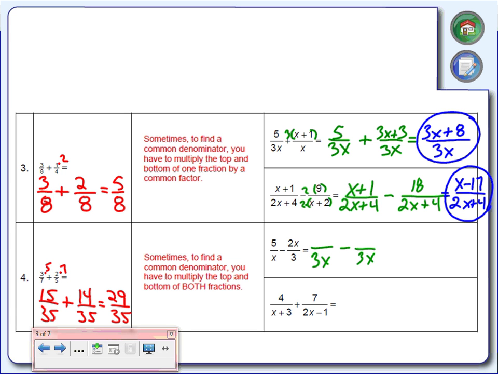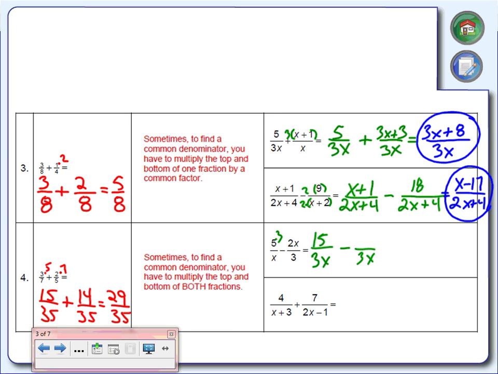I went from having an x to a 3x on the first fraction. How do we go from having an x to a 3x? What do we multiply by? 3. So make sure you multiply the numerator by 3. So 5 times 3 is 15. So now we have the first fraction written as 15 over 3x.